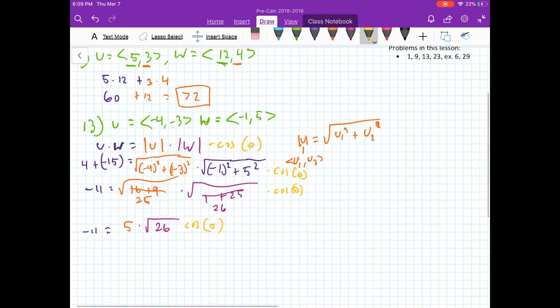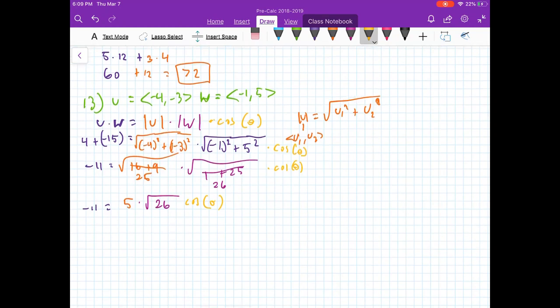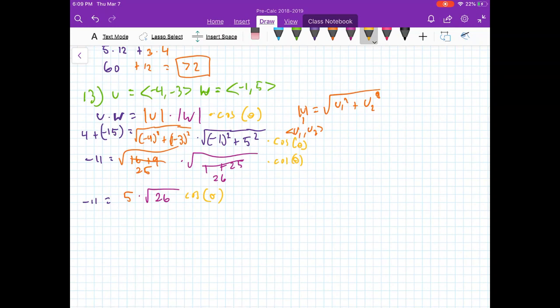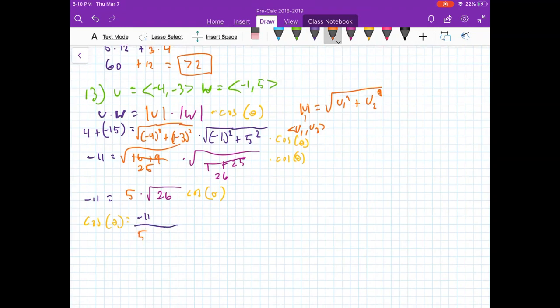Alrighty. So we'll go ahead and divide both sides by 5 times the square root of 26. I'm going to switch the sides, so cosine of theta equals -11 divided by 5 times the square root of 26.